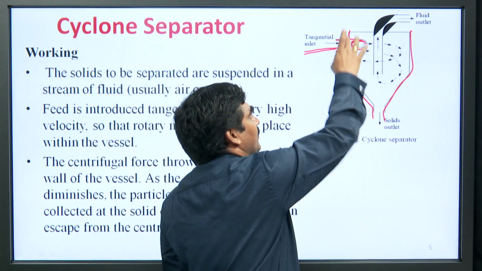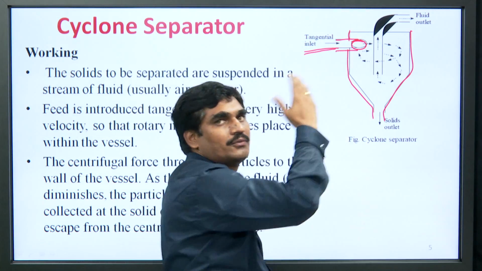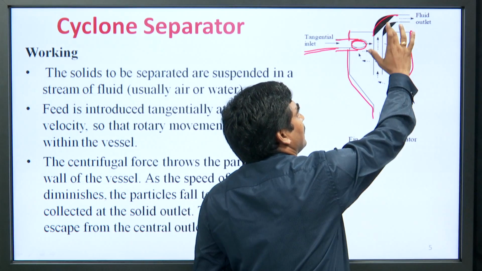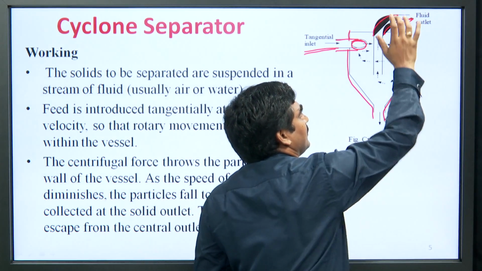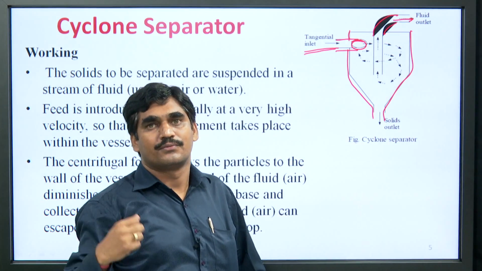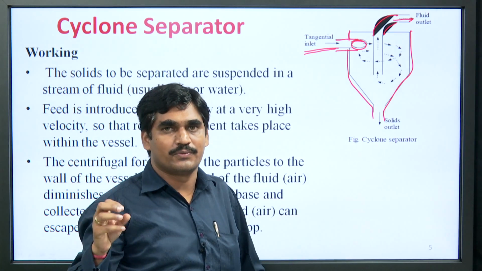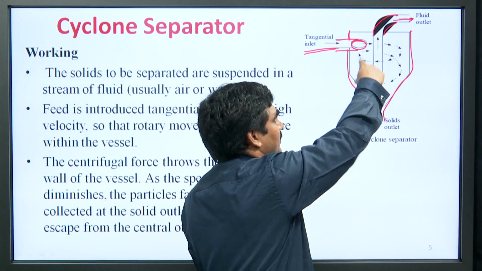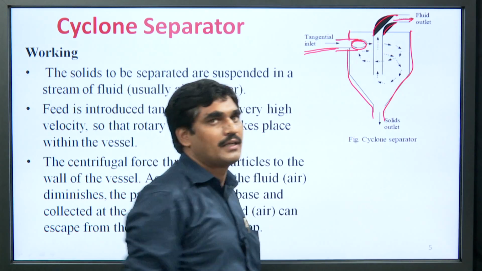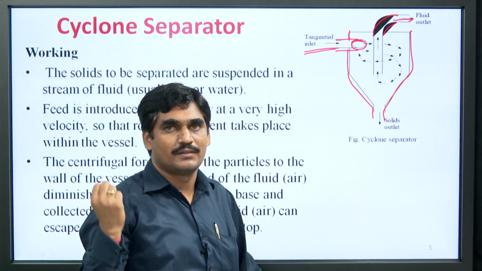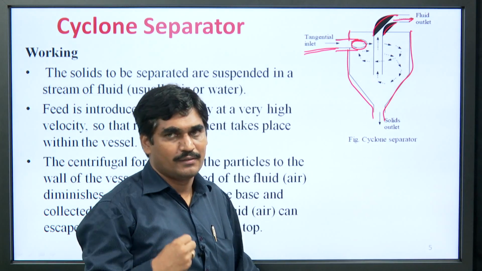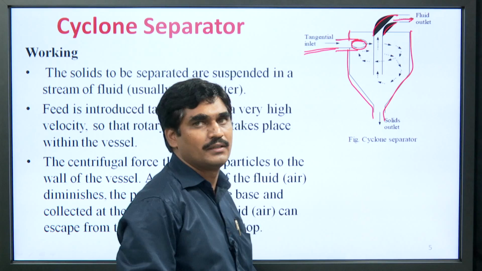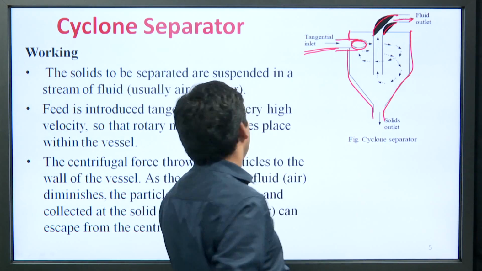It is perpendicular to this vertical cylinder. This place is the system for fluid outlet, meaning the fluid which is used in this cyclone separator along with the solid material. So, fluid can be collected through this fluid outlet and product is collected from the bottom.